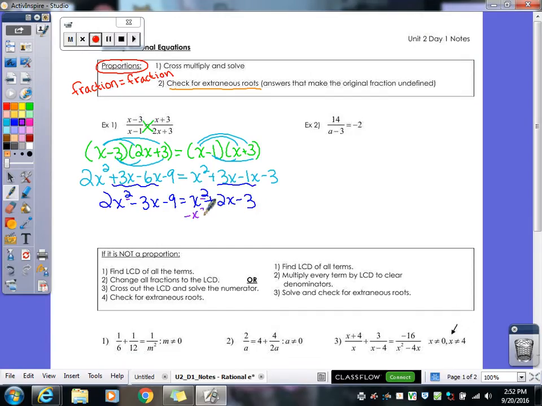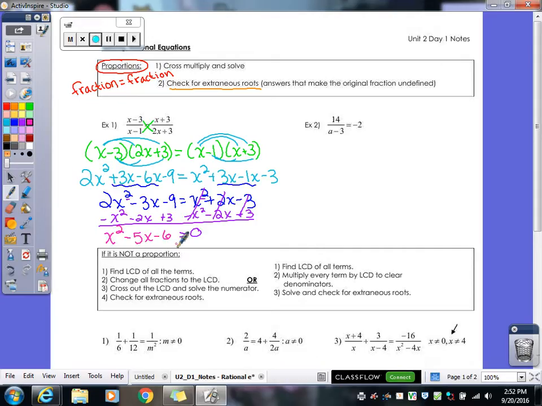So I'm going to subtract x squared over to this side. In the same step, I'm just going to bring everything over to this left side. So I'm also going to subtract my 2x, and I'll add my 3. So that makes these cancel. So this is equal to 0 now. Over here on the left side, I get x squared minus 5x minus 6.